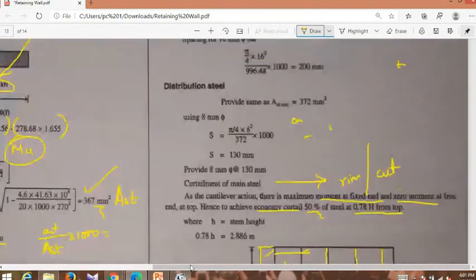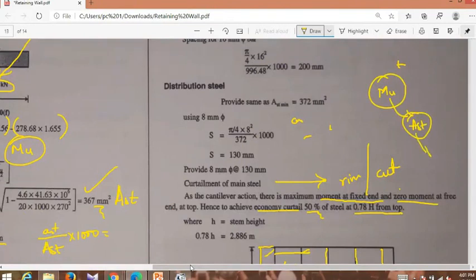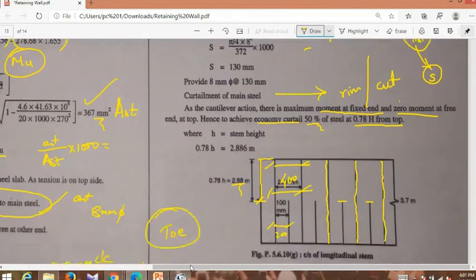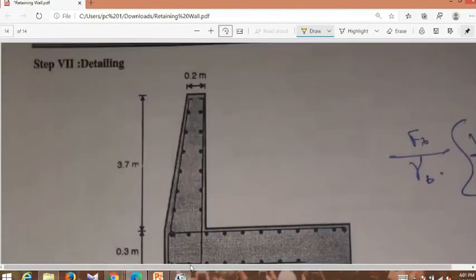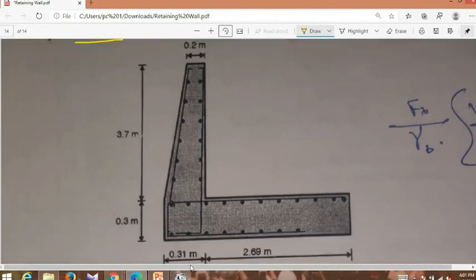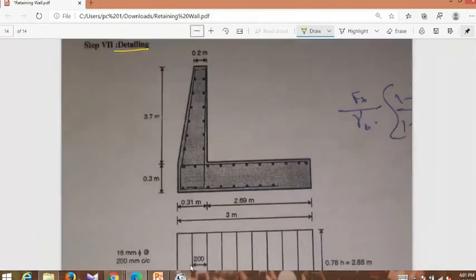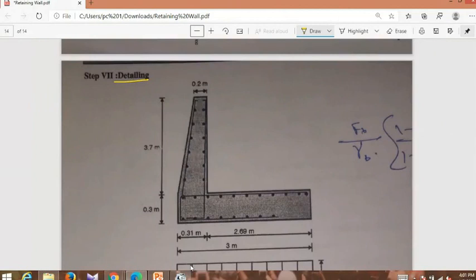Everything is the same, the only thing is that you have to go for the ultimate moment. Then we go for the Ast, determine the number of bars, meaning the diameter of the bar and spacing, and represent it. At the last, for detailing, you should draw the figure as per the dimensions that you have calculated.